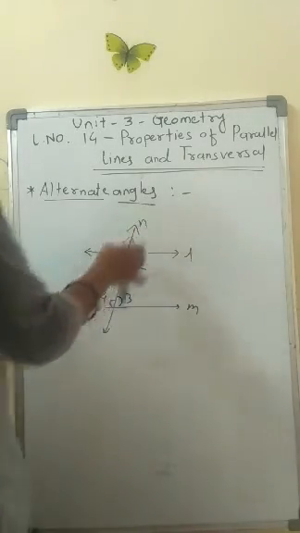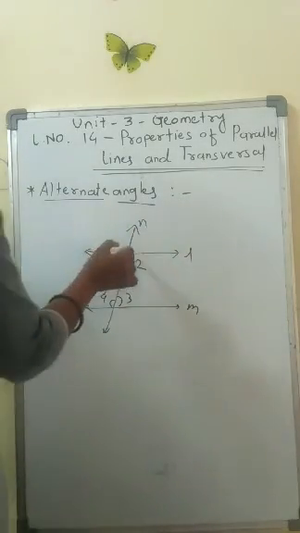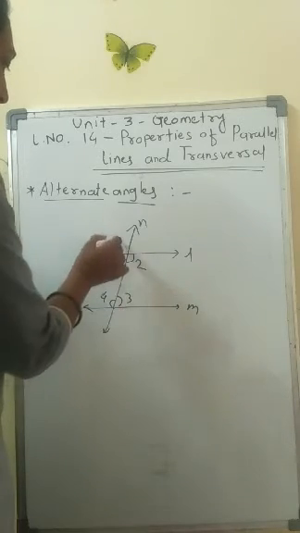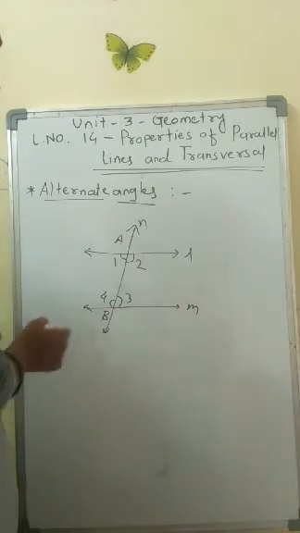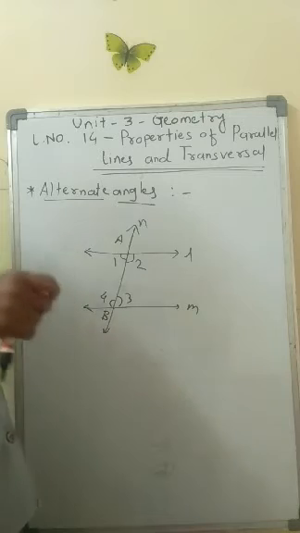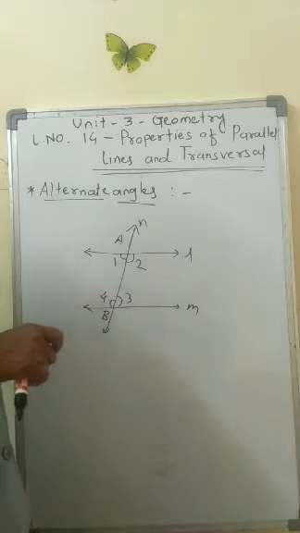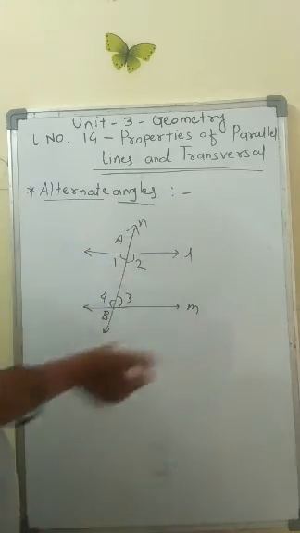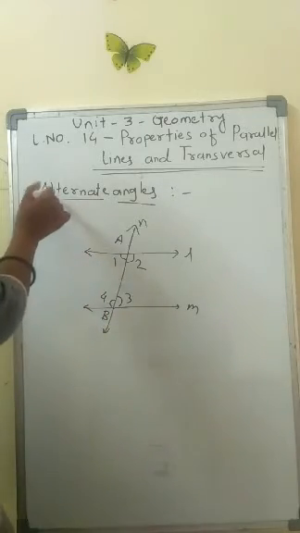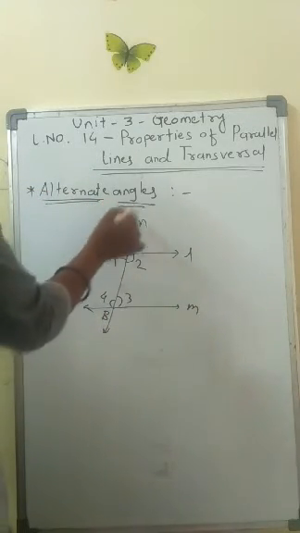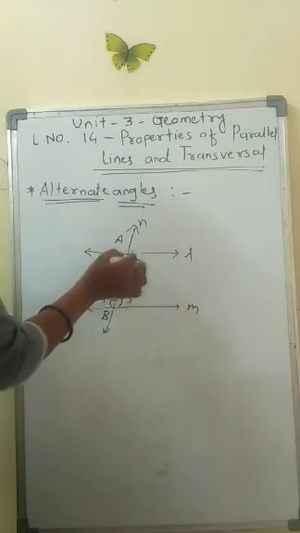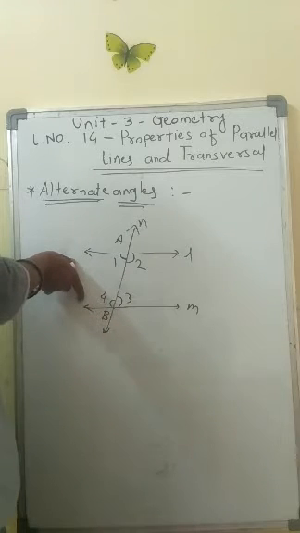If two parallel lines are intersected by a transversal in two distinct points, point A and point B, then a pair of alternate angles is formed, and that pair of alternate angles is also congruent. So you always get alternate angles in the interior portion between the two parallel lines.